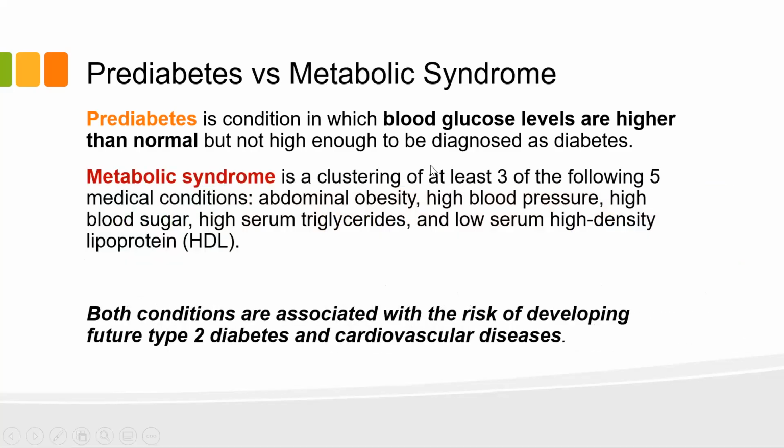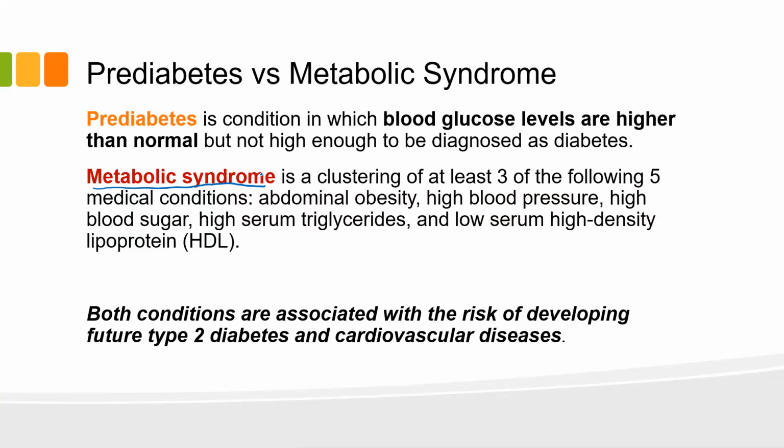You may have also heard of this term metabolic syndrome. Metabolic syndrome, you can see, is really just a cluster of different symptoms that include prediabetes, so blood glucose being higher. It also includes excess abdominal obesity, so being fat around the midsection, high blood triglycerides, high blood fats, and low high density lipoprotein.